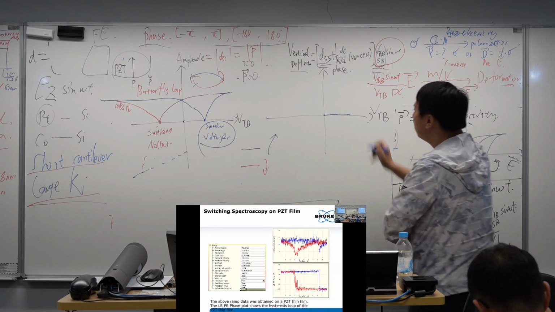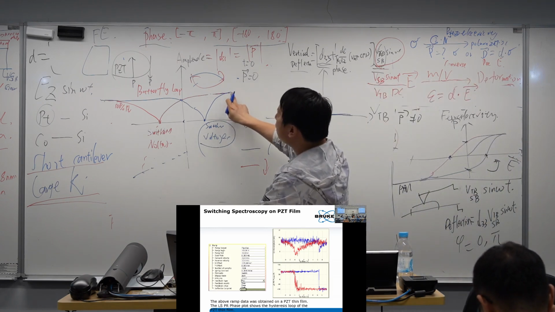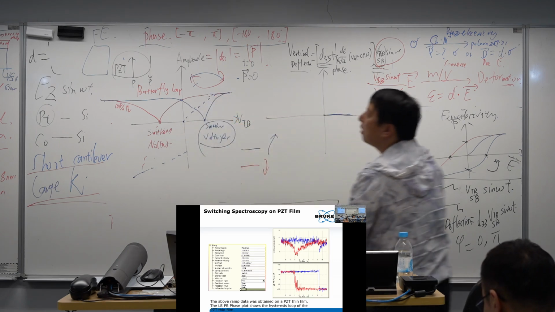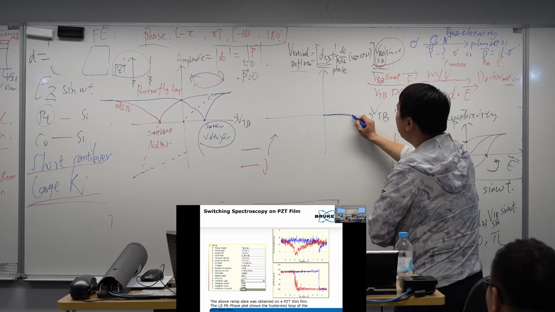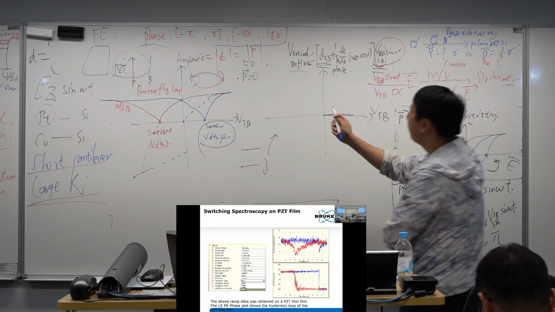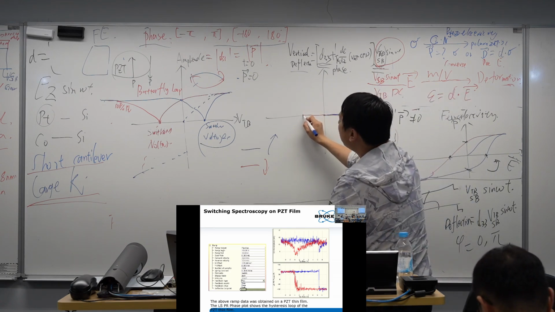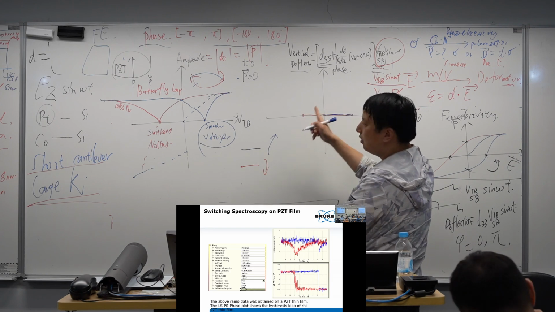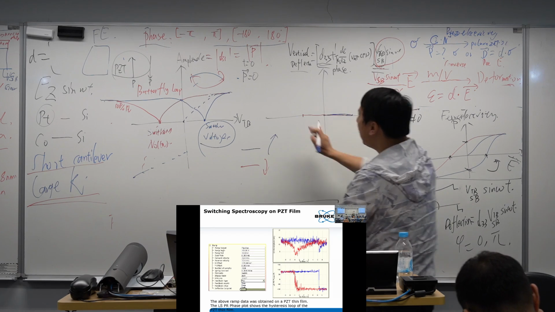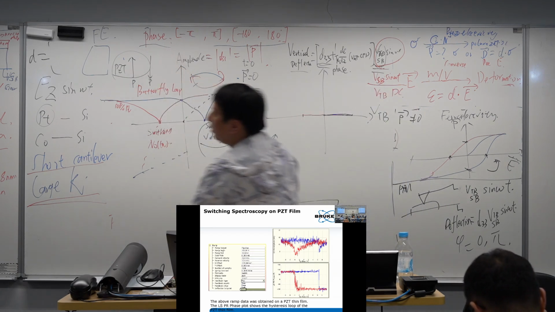Okay? So I keep going until I reach the maximum. And then at this point, I am going to reduce. So I keep going until this point. This point is the switching voltage, or the coercivity. After this point, the facing down will be dominant.